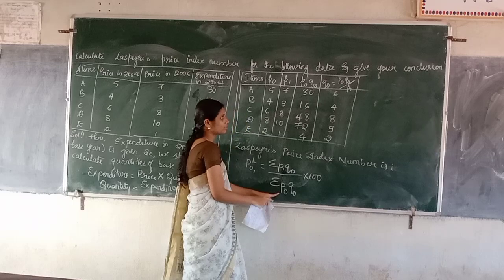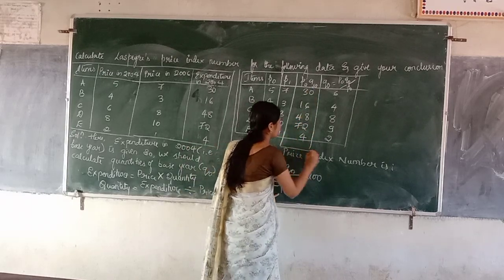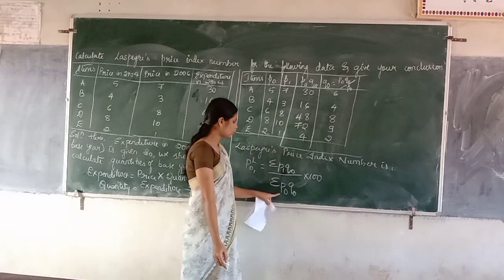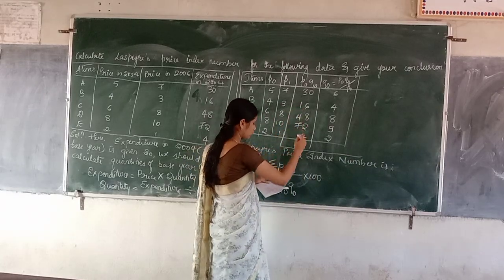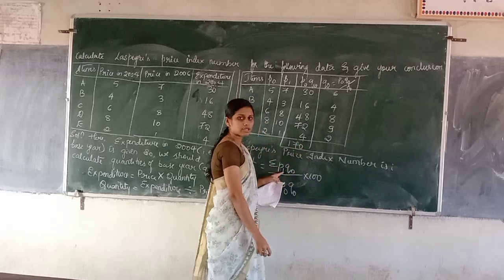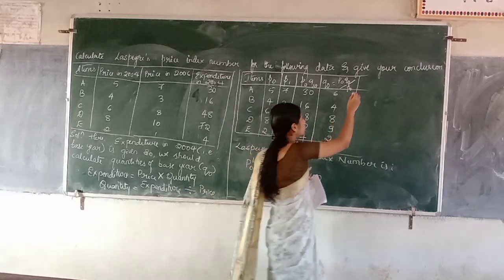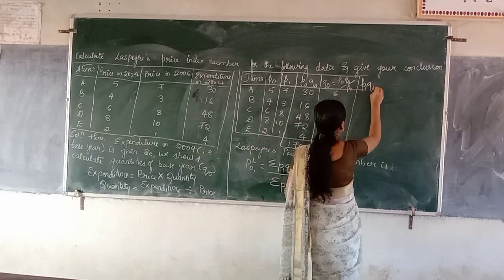We are provided with the information of P0 Q0, so we need the total. We make the total of the P0 Q0 column, and the total comes to 170. Next, you are going to calculate P1 Q0. P1 Q0 is not given, so we have to calculate it. P1 Q0 is the next column.